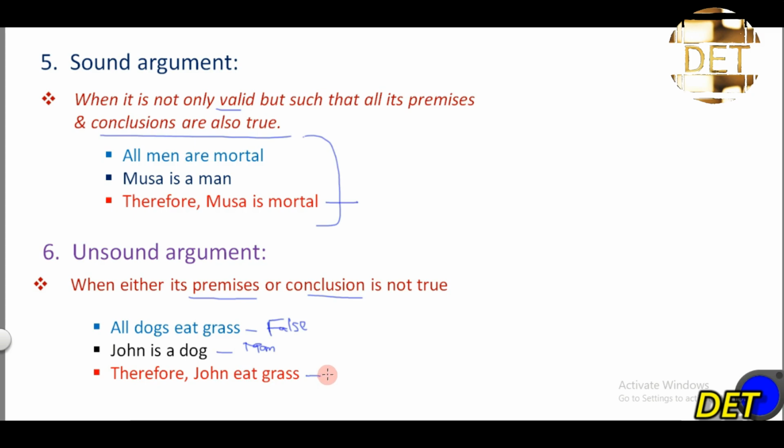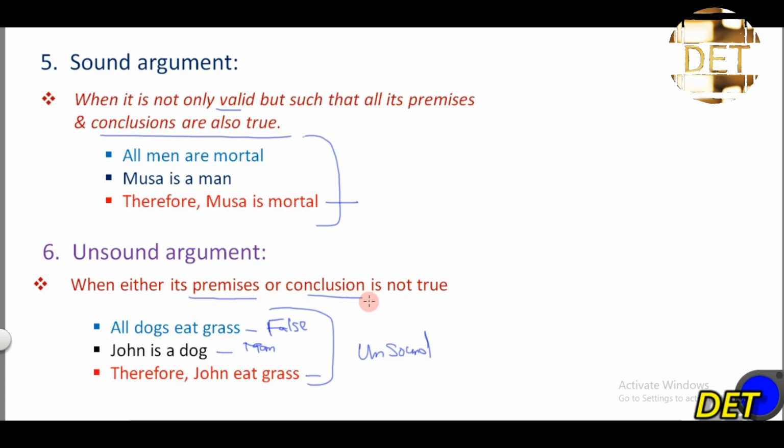John should eat edible food that is cooked. So when either its premises or conclusion is not true, that argument is said to be unsound. So this is an unsound argument. Why is it an unsound argument? Because the premises and the conclusion are not true.